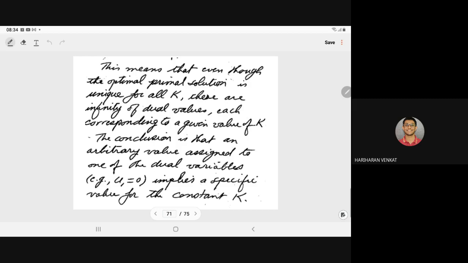So this means that even though the optimal primal solution is unique for all k, there are infinitely many dual values, each corresponding to a given value of k.